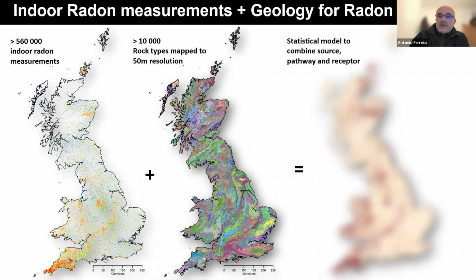As seen some slides before, rocks and soil are both the source for radon gas and can also act as a pathway for it in a complicated relationship. Radon measurements, on the other side, taken in our homes, show us whether and where we are being exposed to radon. And from these measurements, we can work out where people are receptors to radon gas.